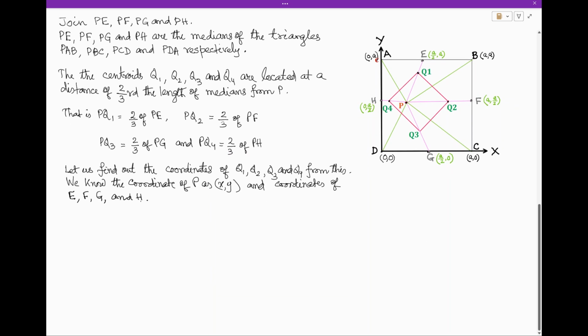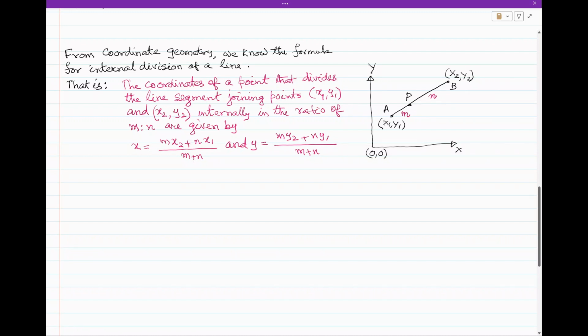Let us now find the coordinates of Q1, Q2, Q3 and Q4 from this. We already know the coordinates of P is x, y and also we know the coordinates of E, F, G and H, which are the midpoints of the sides. We have also written down the values of these coordinates in the diagram. From coordinate geometry, we know the formula for internal division of a line.